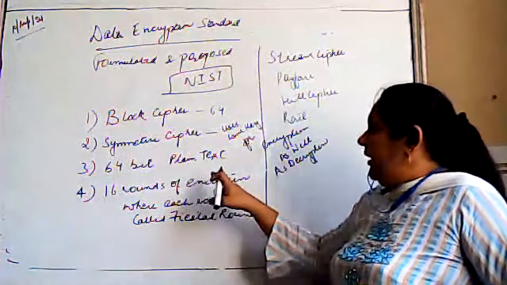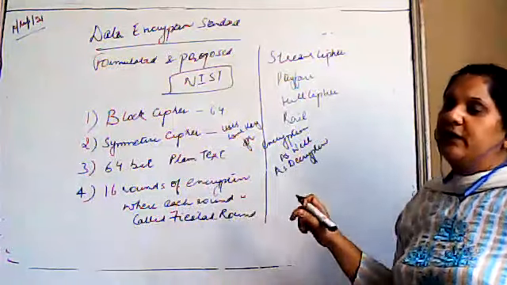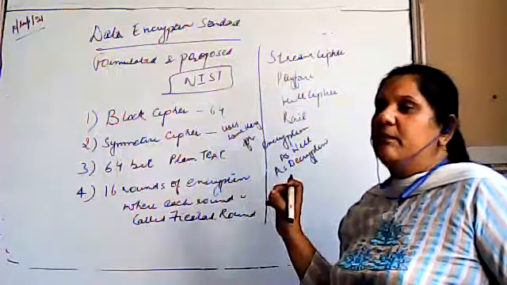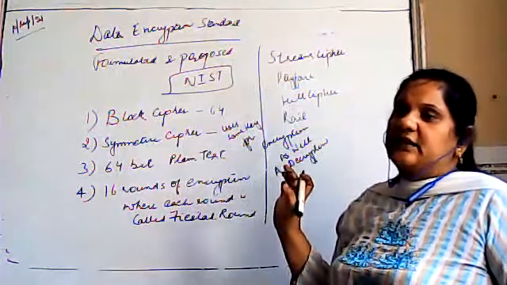Now, it will take the input of 64-bit plain text. Input is 64-bit, output is 64-bit ciphertext, and it uses the same key for encrypting as well as decrypting.